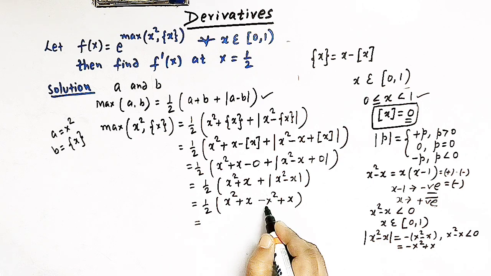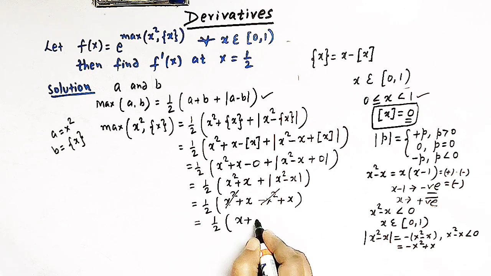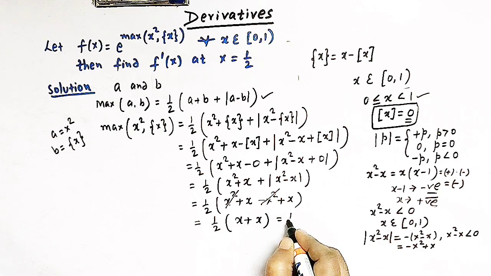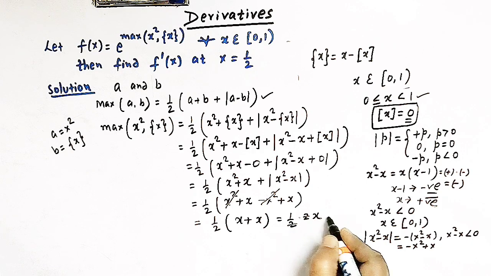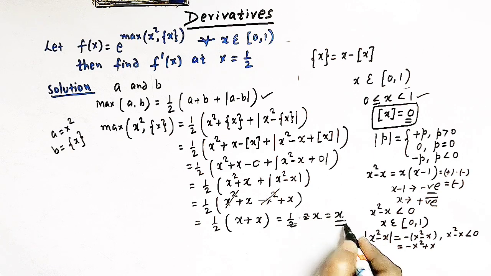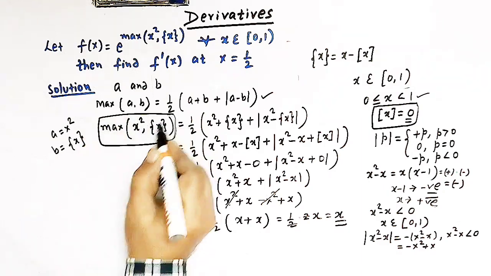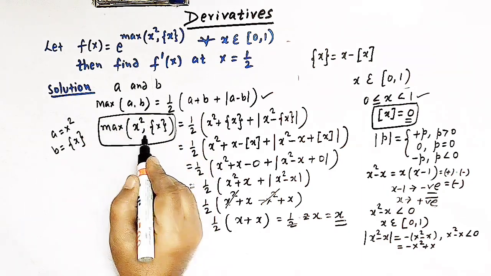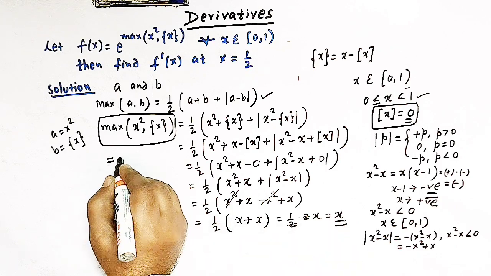So now simplifying it, these two quantities get cancelled and we have half and x plus x. So this is half and x plus x is 2x. 2 and 2 get cancelled and we are left with only x, right? So this quantity, that is maximum of x square comma fractional part of x, is equal to x.